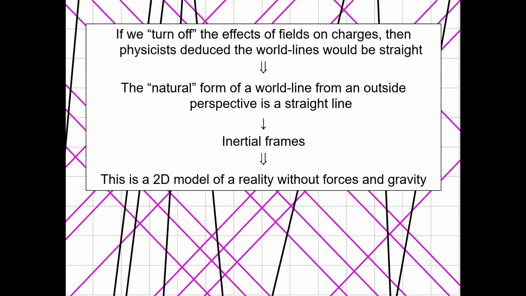So the following is a two-dimensional model of reality without forces and without gravity. If we turn these things off, then we get something that looks similar to this, straight world lines, and I depicted some information tracks to remind us that information tracks exist throughout all of reality.